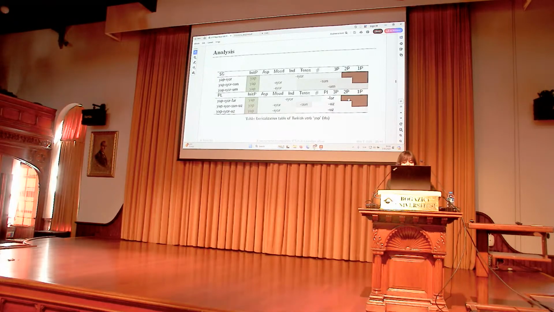It would replace Sun, basically. The plural forms follow in a similar fashion to the singulars, except that the third person form includes a pluralizer. This pluralizer doesn't change across the paradigms, so I assume that it doesn't include tense. It is more specific. It only lexicalizes plural and third person.